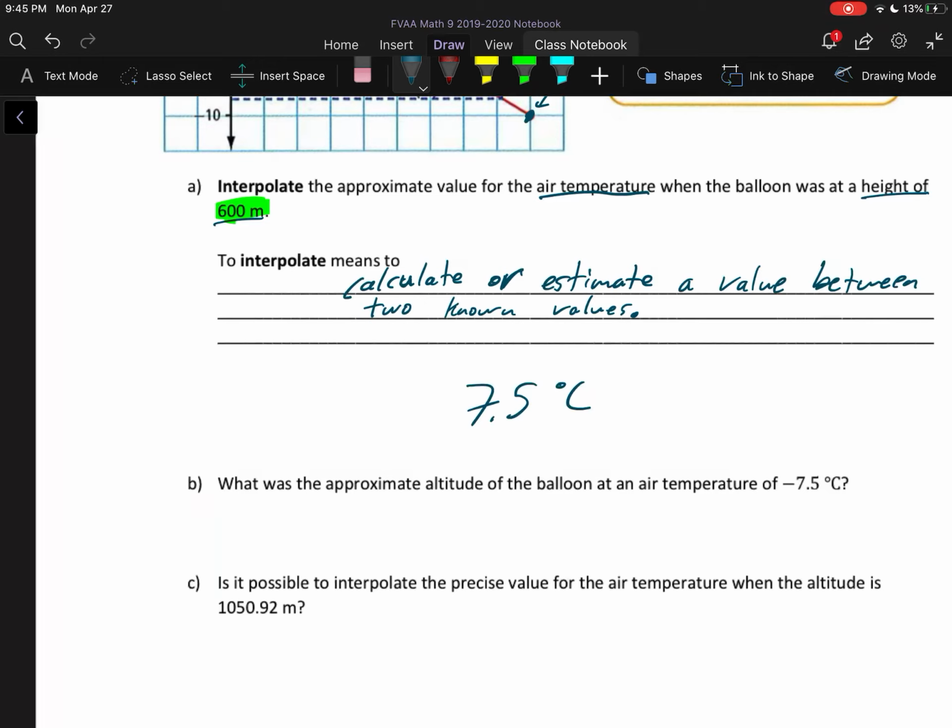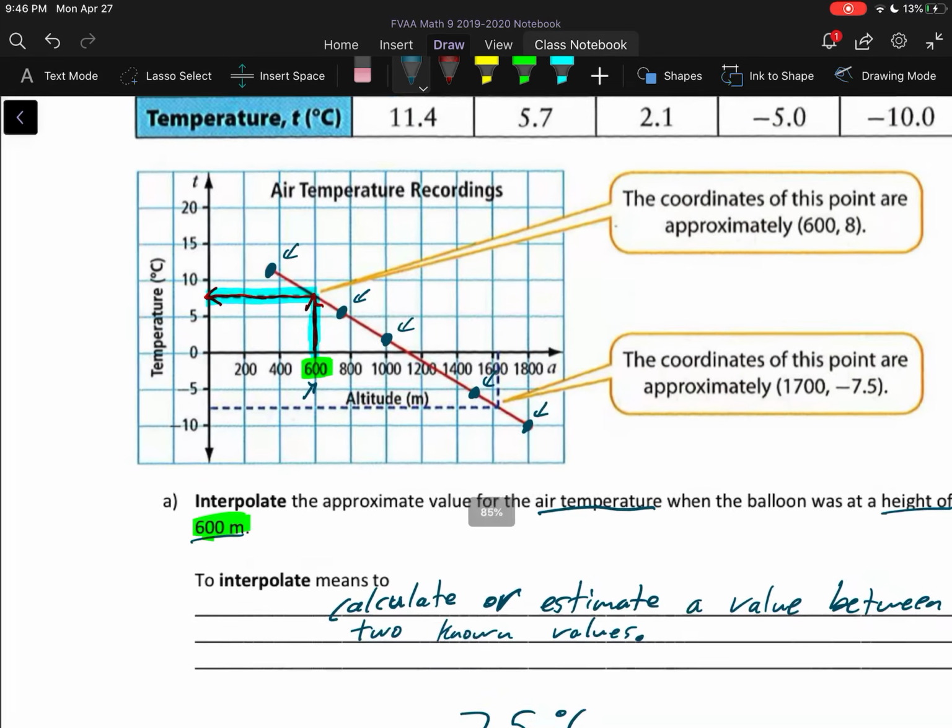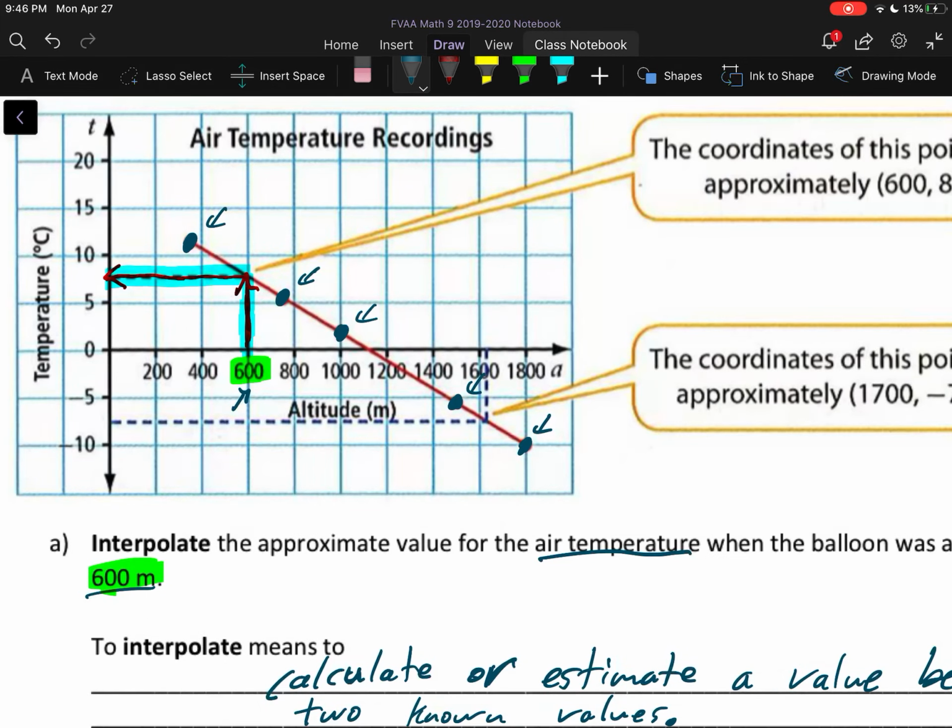So let's try a different one. What is the approximate altitude for a balloon with an air temperature of -7 degrees Celsius? In this situation, they're not giving us the altitude. They want us to solve for the altitude. So we're starting from a different axis. We're starting from our temperature axis, which is the y-axis, and finding the corresponding point on the x-axis for where that line is.